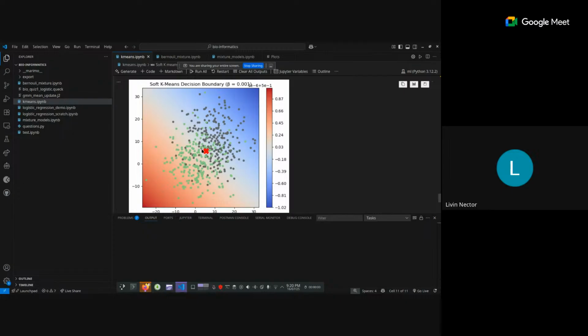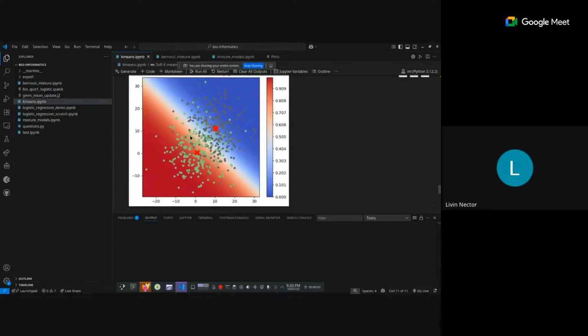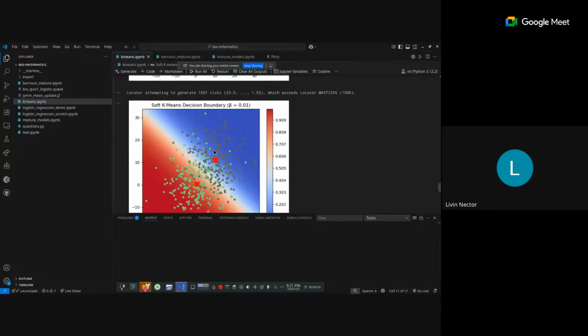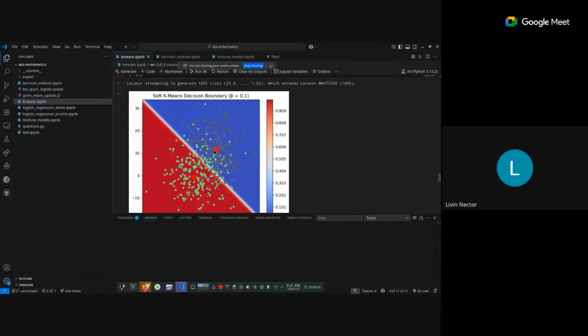In soft k-means, by adjusting the parameters, you can adjust the decision boundary. When there is more overlap in the data set itself, you can decrease the beta so that the decision boundary matches the amount of overlap between the data. So that is one thing about soft k-means.